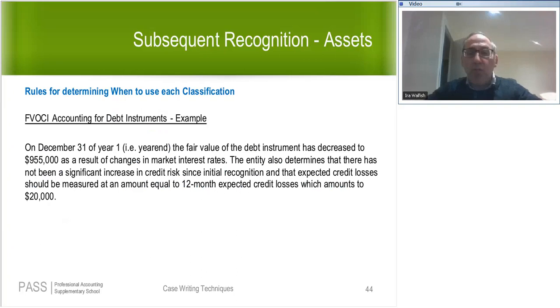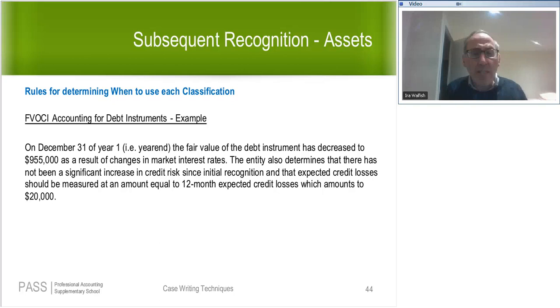We will see later on that in certain instances, you have to set up an allowance, so to speak, for credit losses, and we'll talk about how you would do that later on. Let's assume in this case you had to set up $20,000 for credit losses.